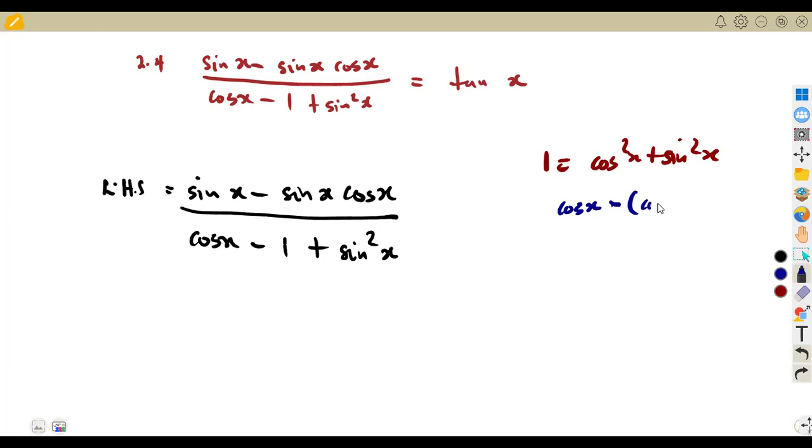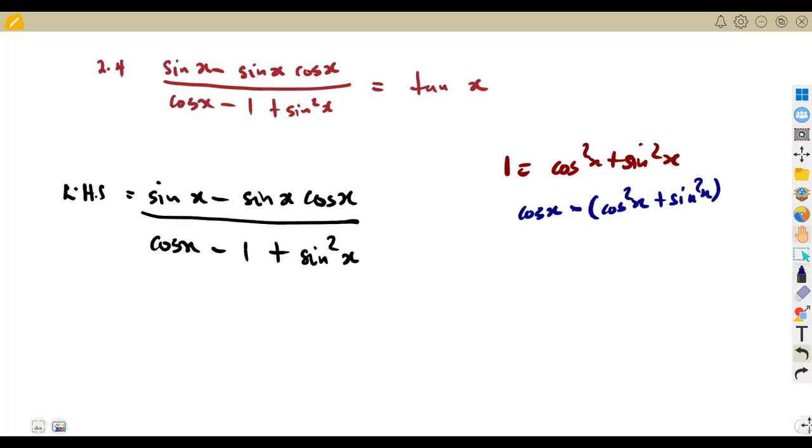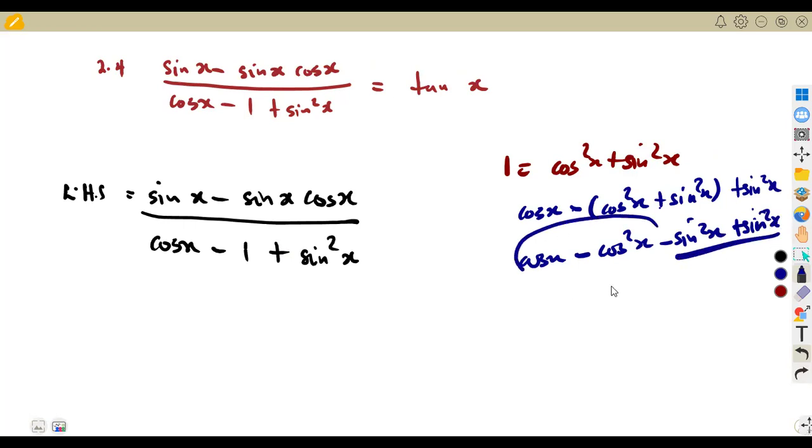So it's going to be the cos squared of x plus the sine squared of x, and there is plus sine squared x, this one. Let's see what's going to happen. If we expand, this will be cos x minus cos squared x, multiplied by the negative here. That will be a negative sine squared x plus sine squared x again. So this will cancel. We remain with this. At least there's a hope there.